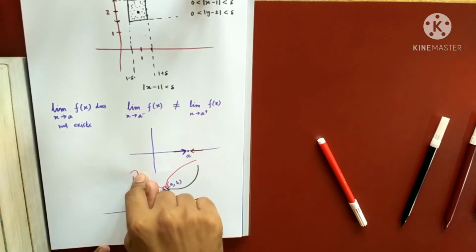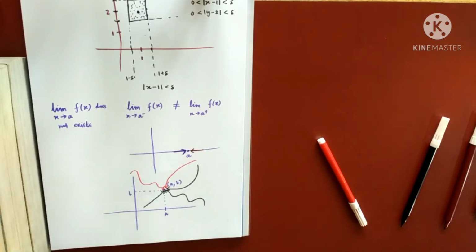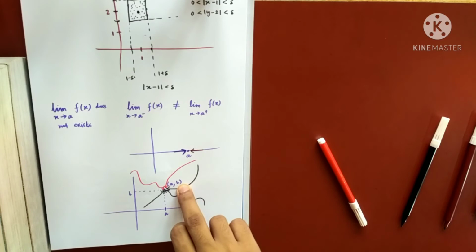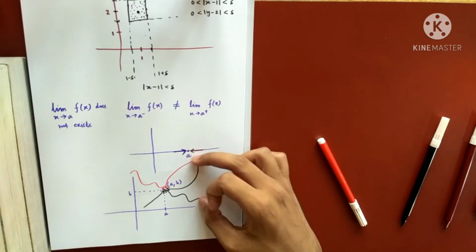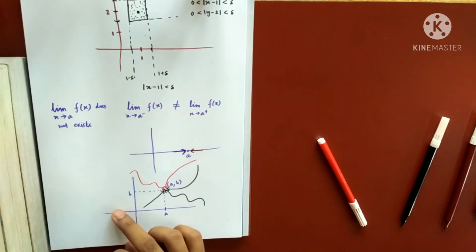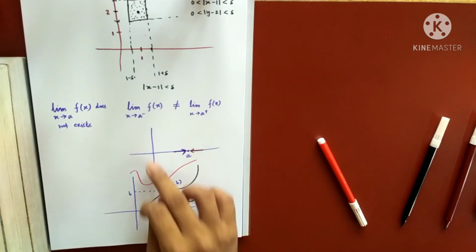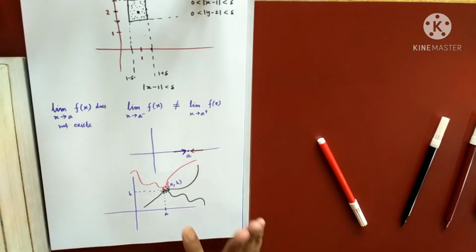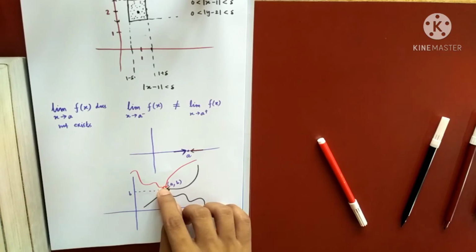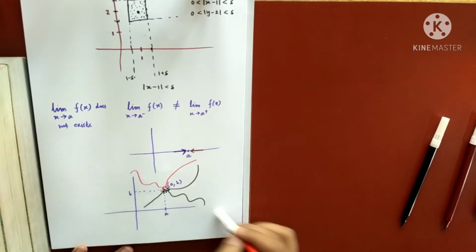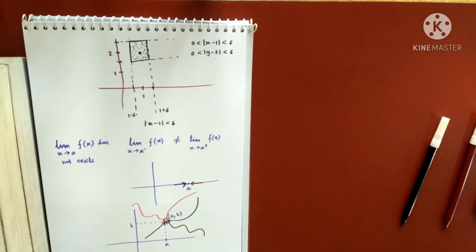If L1 and L2 are not equal, I can clearly say that the limit at (a, b) does not exist. But remember, there are infinitely many ways of going to this point (a, b). There are infinitely many paths that you can draw to go to (a, b). You can draw from here, from here, and so on. Did you understand my point?